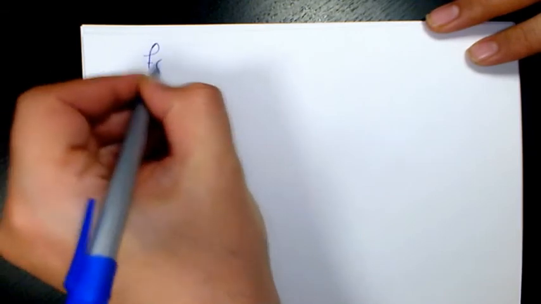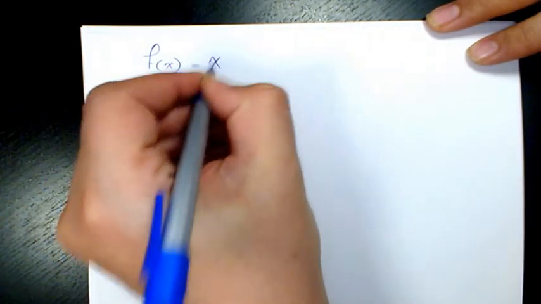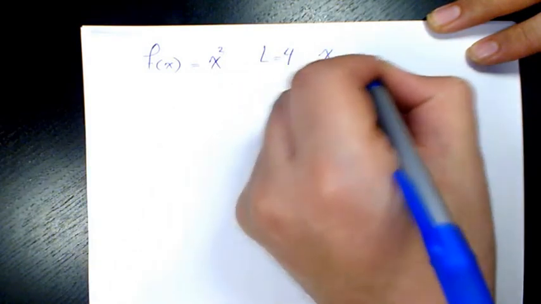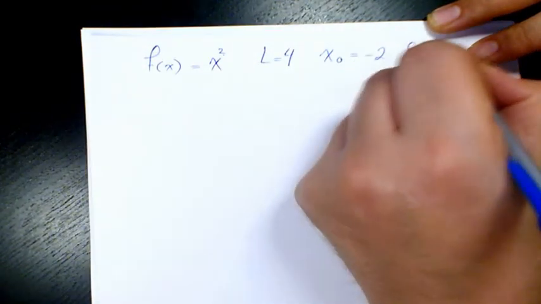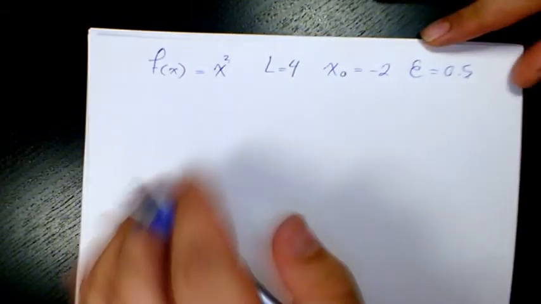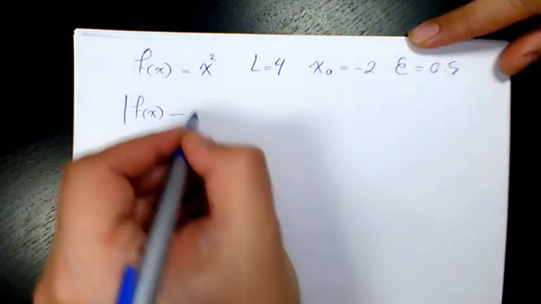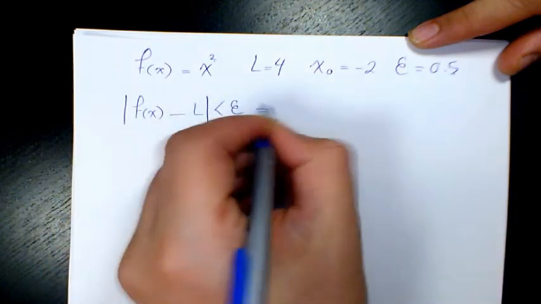The next one is f of x equal to x squared. L is 4, x naught is negative 2, epsilon is 0.5. So again, the absolute value of f of x minus L less than epsilon.